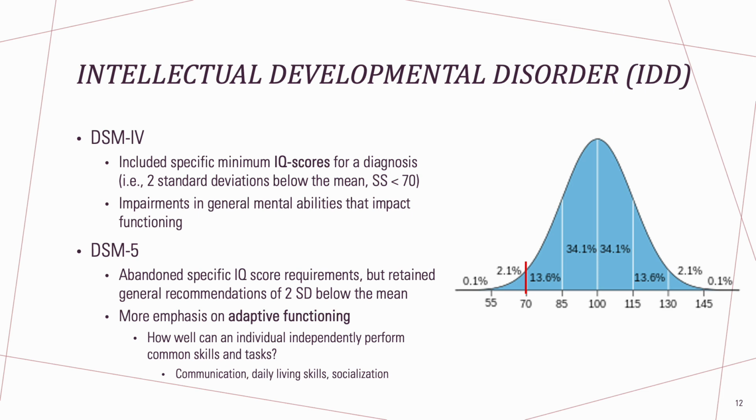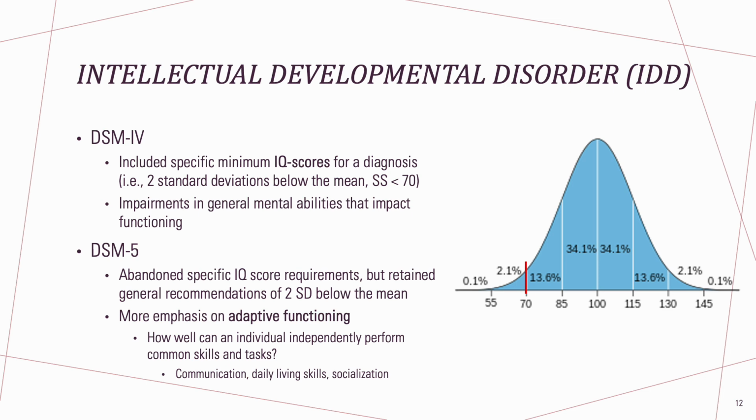So if a person falls at this red line, the 70 or below, so they move in the direction of that 55 where it says 0.1%, that signifies pretty significant deficits in cognitive functioning in terms of intelligence. So back then with DSM-4, one of the criteria was that if an individual had an IQ score at 70 or below, that signaled to us that they would meet criteria.